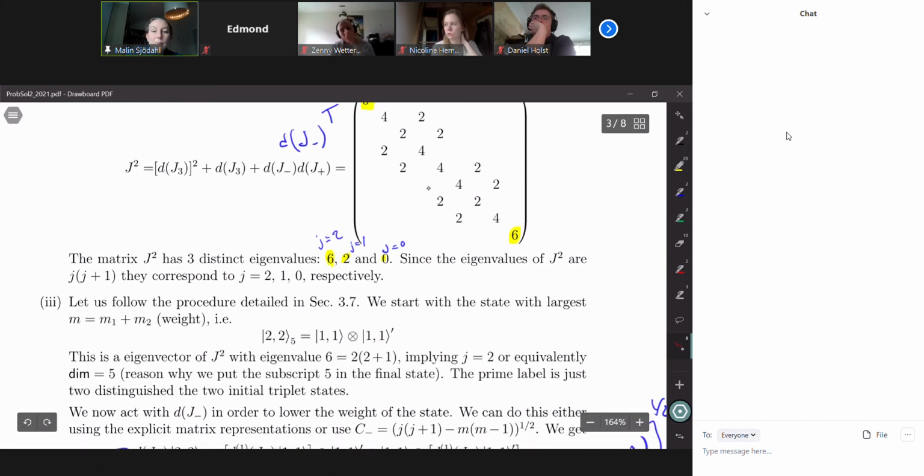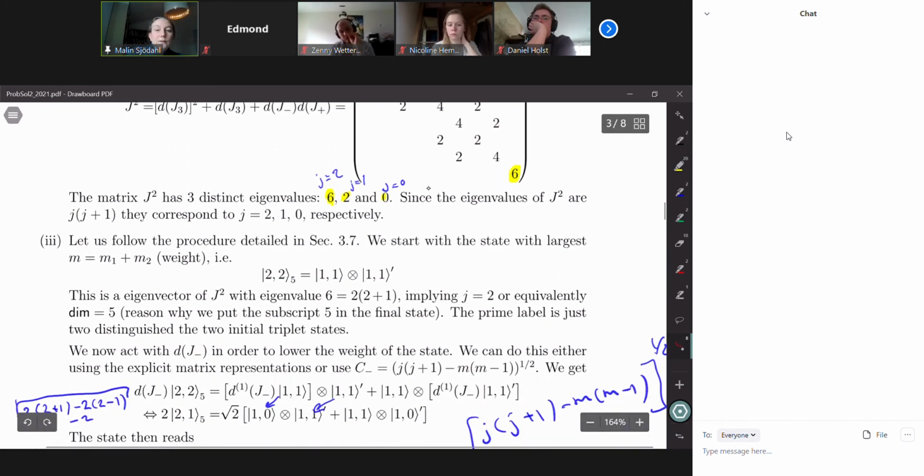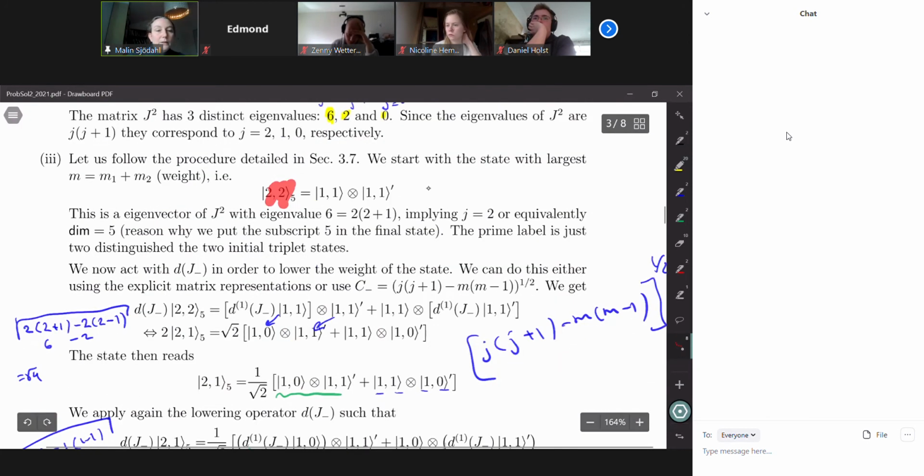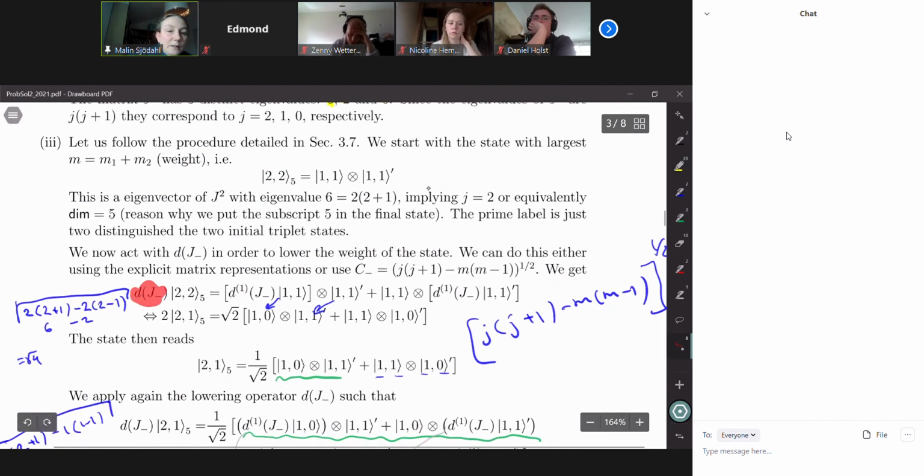But we want then to find all the other states in the j = 2 multiplet, and to find them we act with J minus on this state as we did in the lecture. So we act then with J minus on this side, and we act also with J minus on this side.